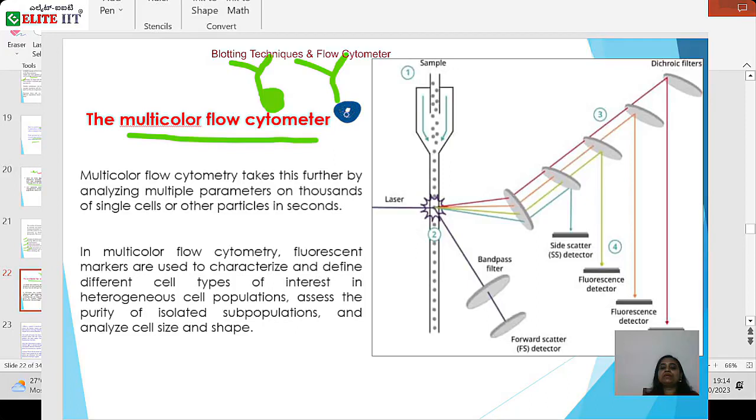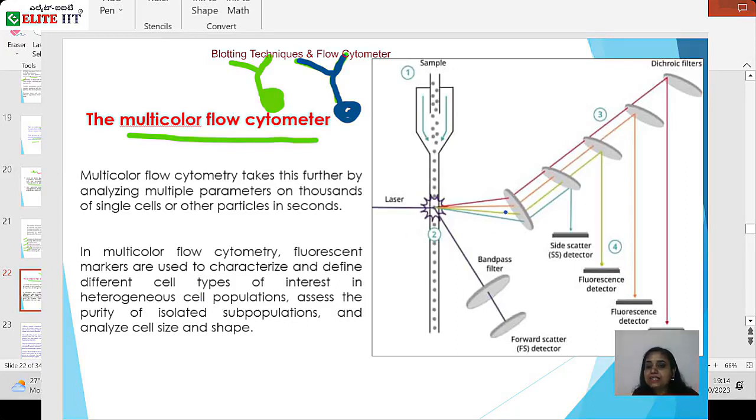So simultaneously you can measure multiple samples. Different fluorophores will give you different wavelength results. So you can compile together and identify various samples together. So that is the main thing.